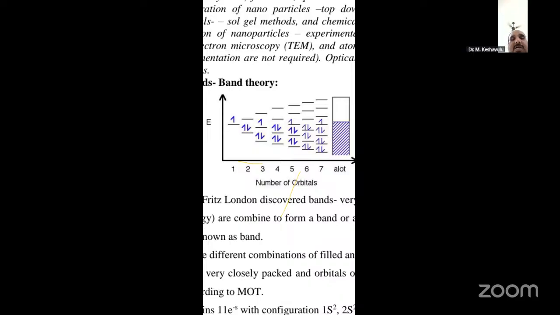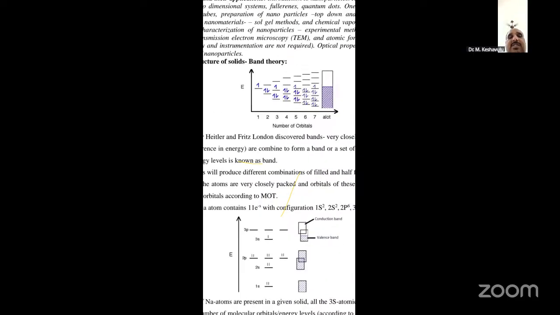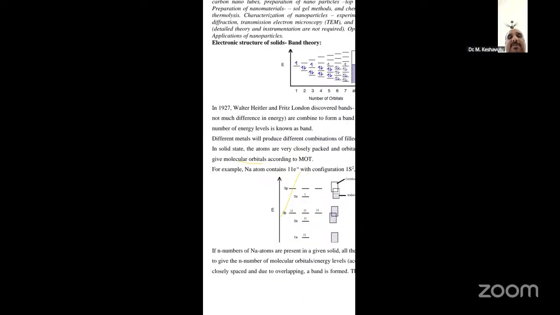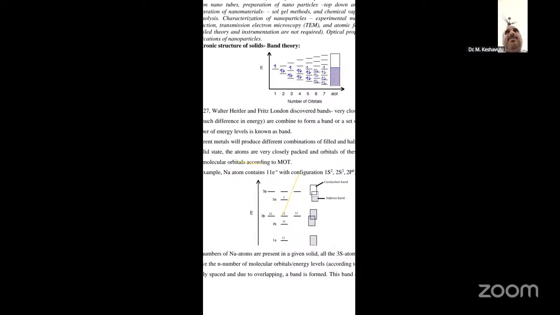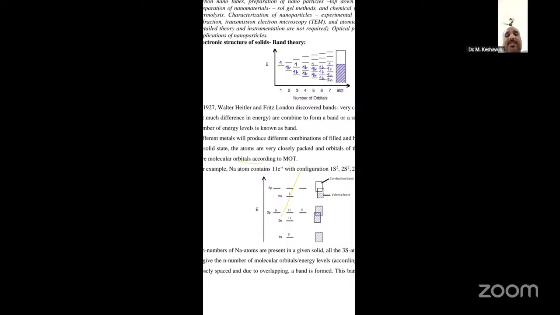Right? So here we have to see. This is one of the bands. Then the conduction band is formed from the 3p orbitals. Based on these bands, the conduction band and valence band, we can get three kinds of materials, right? Once those two are overlapped, you may observe this one.